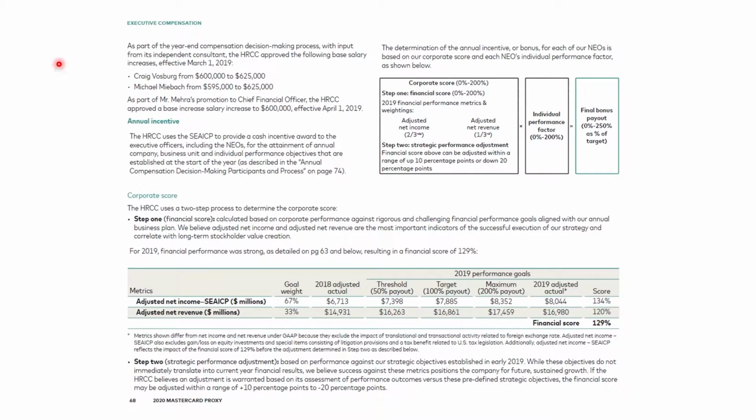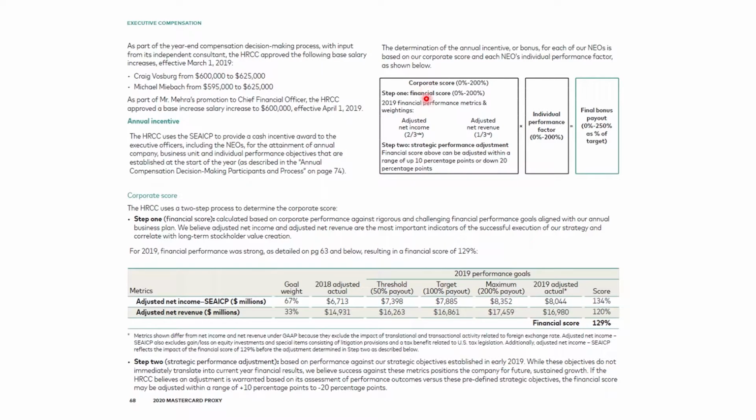For example, I want to show you why I don't like this. They have this structure, let's say, in annual incentive, which is cash incentive. The cash incentive is based on achieving a corporate score. The corporate score is based on two steps: financial score and strategic performance adjustments.